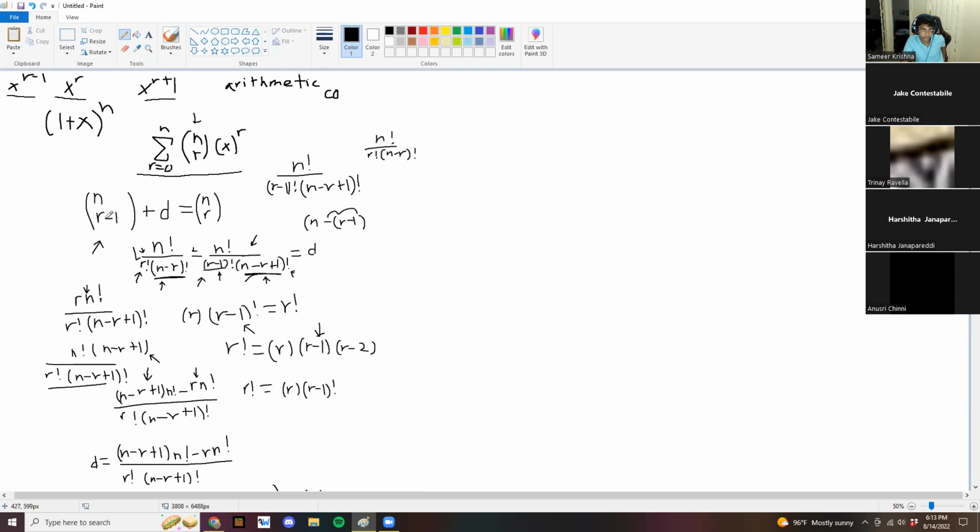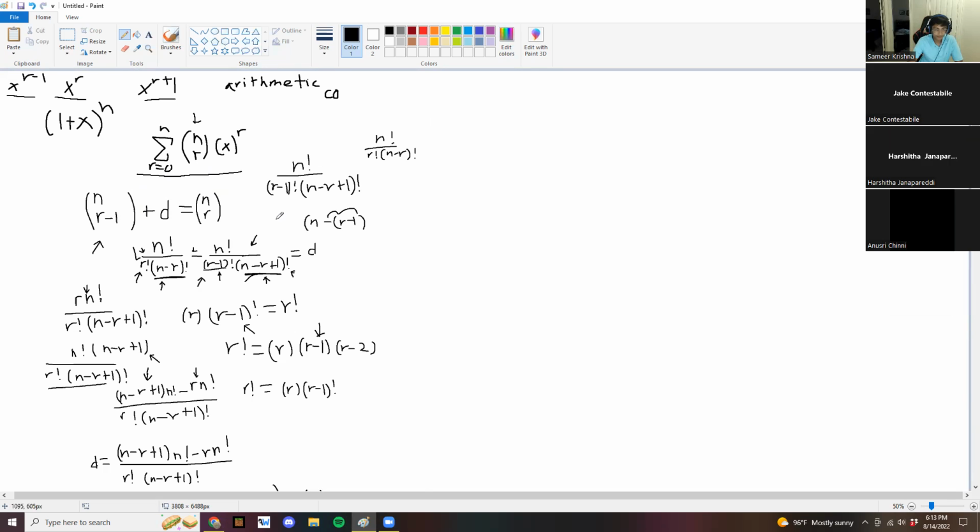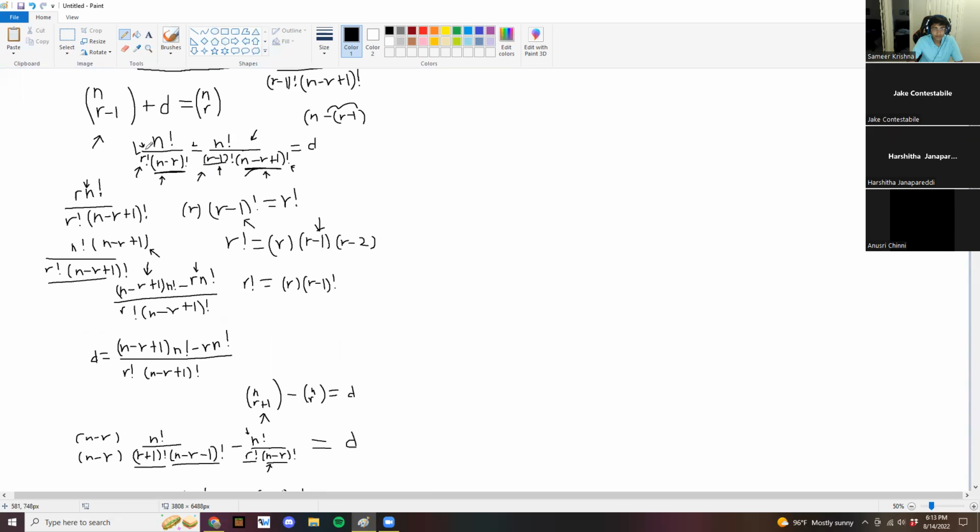This is how we get n choose r minus 1 and n choose r. So we know that they're arithmetic. That means n choose r minus 1 plus d is equal to n choose r. Then we write that out as n factorial.